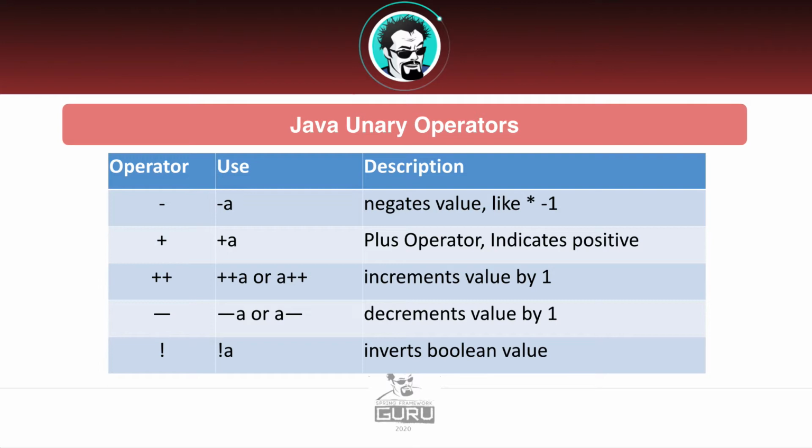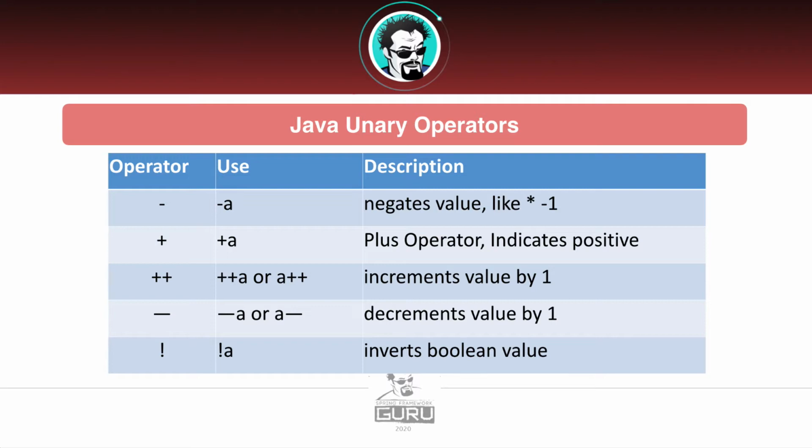Next, we have the exclamation point. This is very important, dealing with Boolean values. If the Boolean value is true, it's going to flip it to false. Likewise, if the value is false, it will flip it to true. The exclamation point, or I like to call it the bang sign, is basically going to flip or invert a Boolean value.